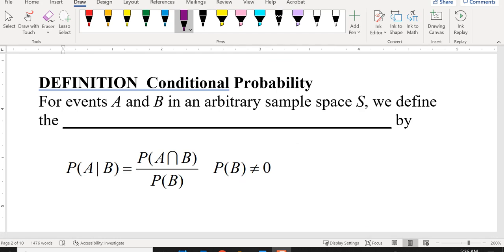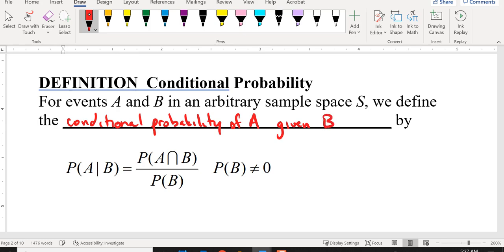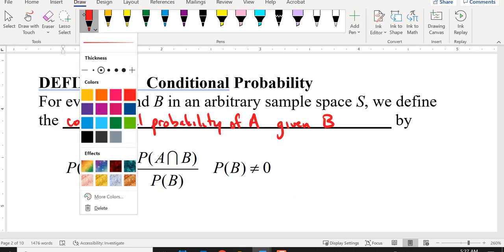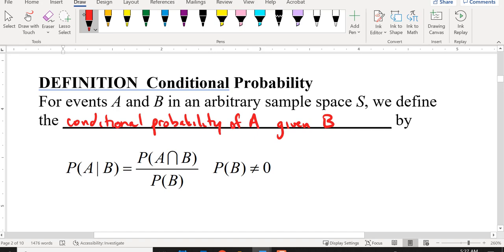So here's our formal definition of conditional probability. For events A and B in an arbitrary sample space S, we define the conditional probability of A given B by, right here, the probability of A given B is equal to the probability of A and B divided by the probability of B, provided the probability of B is not 0.